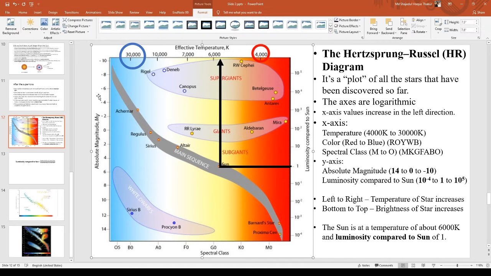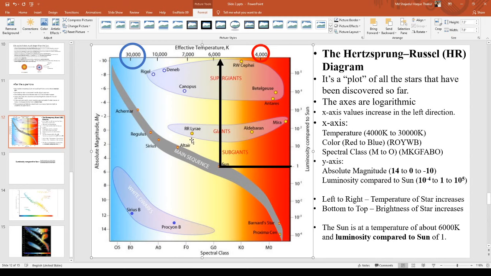Absolute magnitude, the more negative the values, the brighter the star, and the more positive the values, the less bright the star. And the x-axis is effective temperature or spectral class or color.